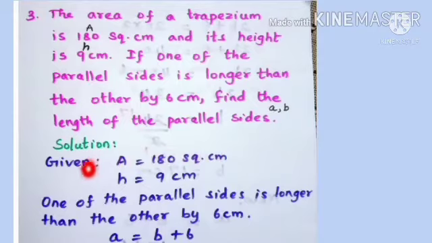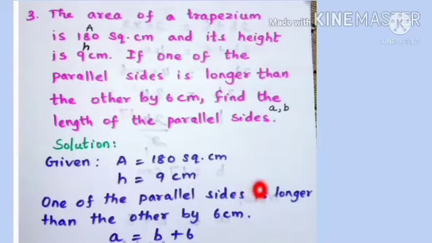So solution, first we have to write the given values. So area is equal to 180 square centimeter and h is equal to 9 centimeter, and the condition is one of the parallel sides is longer than the other by 6 centimeter, which means A is equal to B plus 6.